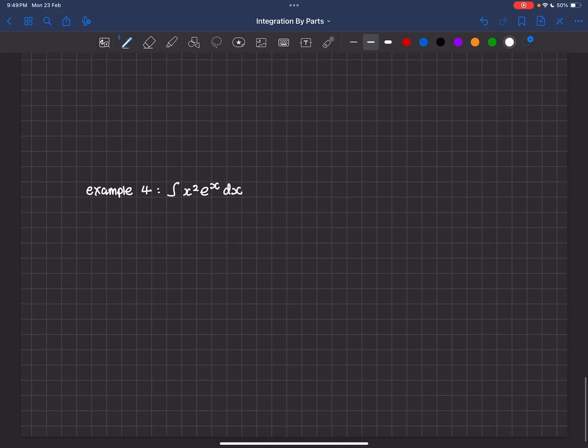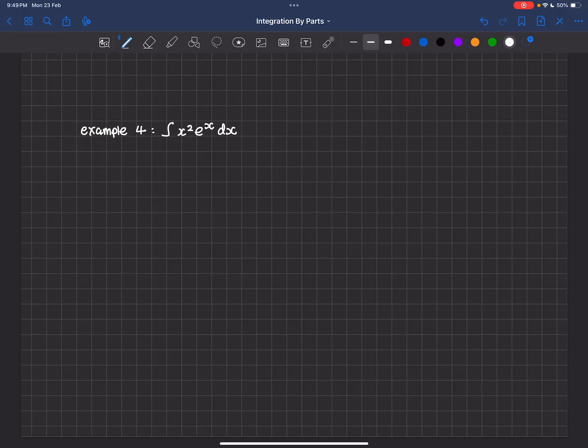On to the last example. This one's a bit trickier because you have to do it twice. Okay, so let's do u in small case. Just remember that for future. Let's fill in which ones we are going to choose as u and v. Yeah, x squared. So we got 2x here. e to the power of x is just e to the power of x, so that's nice.